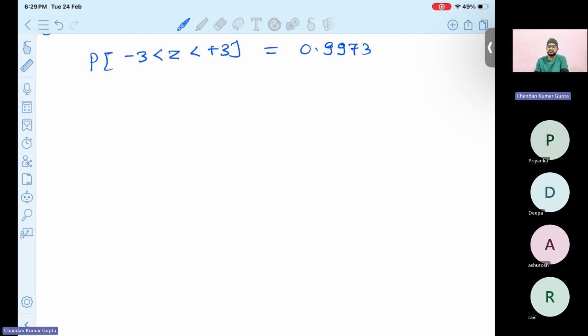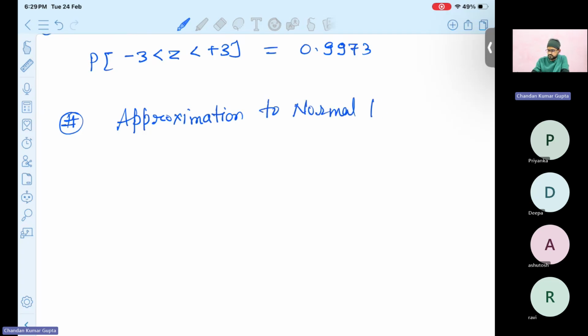But before that, since normal distribution is very famous, as we have already said, there are some approximations to normal distribution.